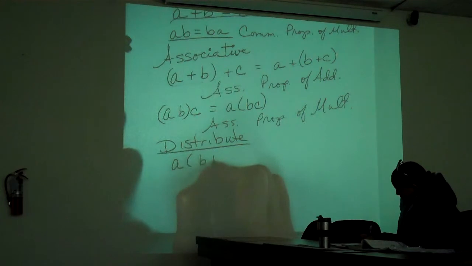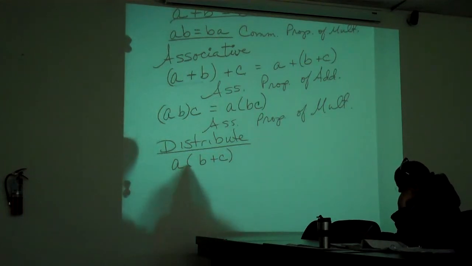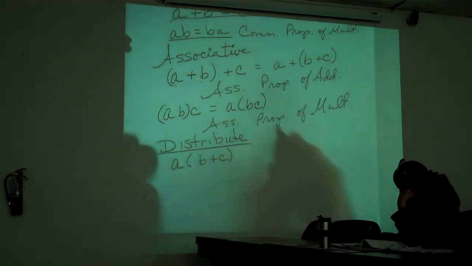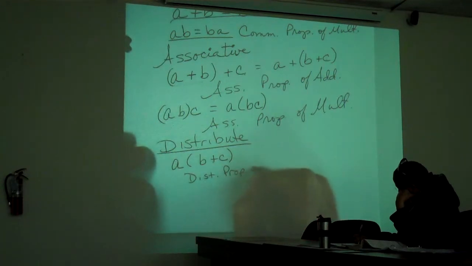Inside, if you have B plus C, when you distribute it, see how the A is touching, that's multiplied? You're going to multiply the A times both of the things in the parentheses. Okay, this is the distributive property over addition, because there's addition right there.